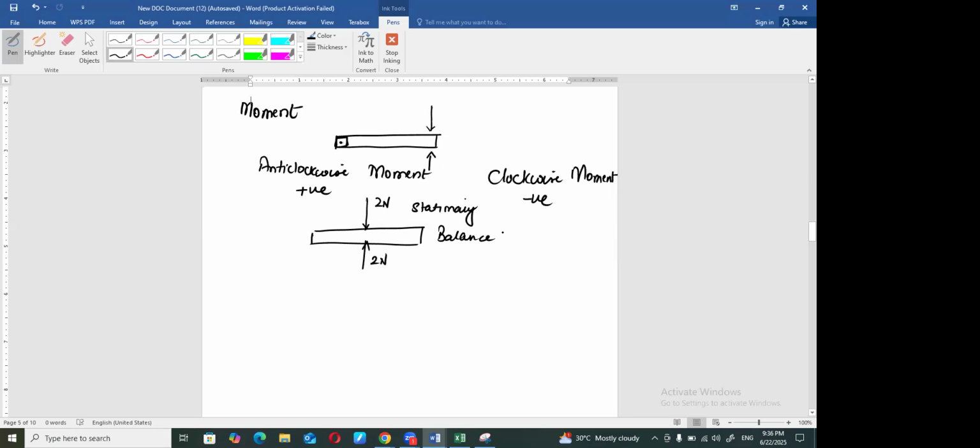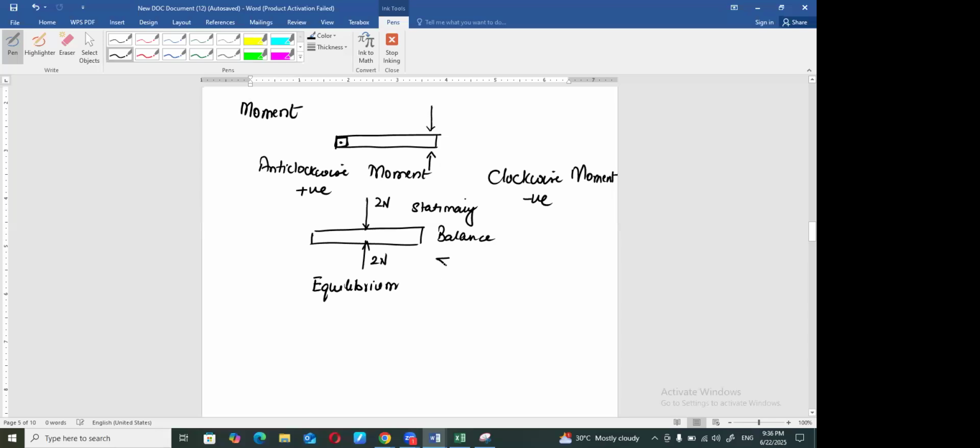This condition, when forces are applied but they are canceling each other and the body is in stationary mode, we call that the equilibrium condition. So equilibrium means the sum of all the forces acting on an object at a point is zero.